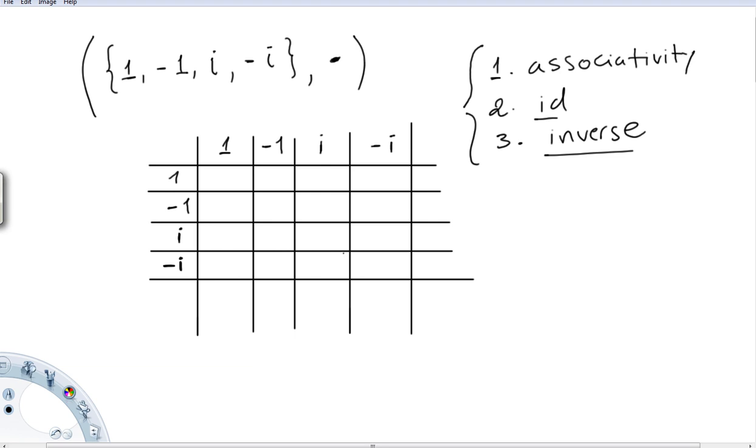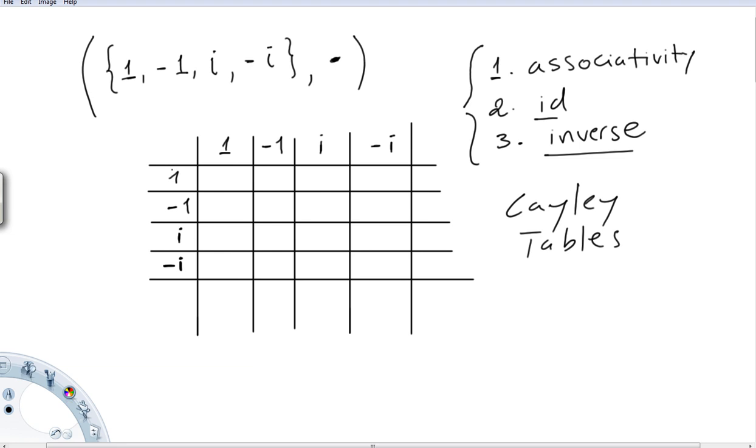We are going to use this table. This is the so-called Cayley table. I'll talk about this in another video, of course, but here I'm going to use this. So we'll put 1, minus 1, i, minus i, and 1, minus 1, i, minus i.